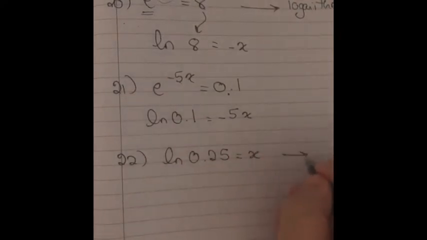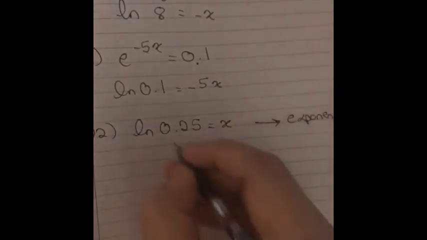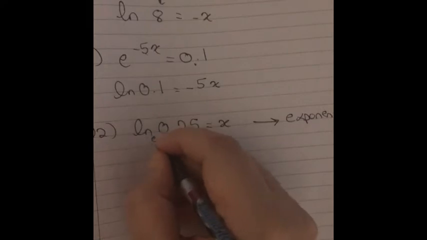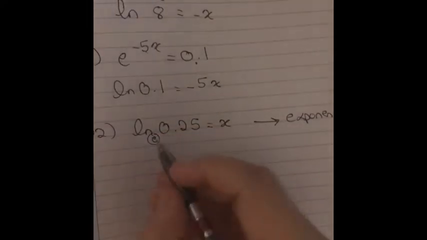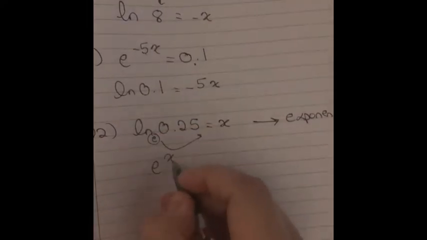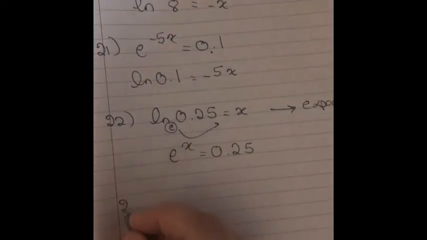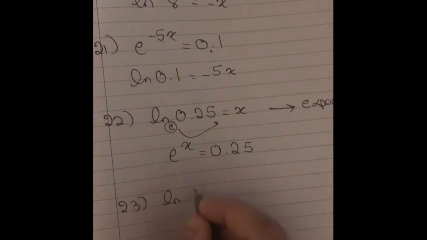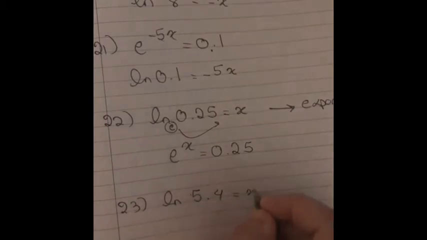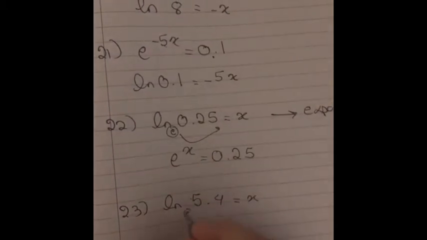This is already logarithmic, so I need to change it to exponential. You must see the hidden e over here that nobody will tell you about, and tell me that e to the power of x is equal to 0.25. And question 23, for example, ln 5.4 equals x. Again, the hidden small e, so e to the power of x is equal to 5.4.